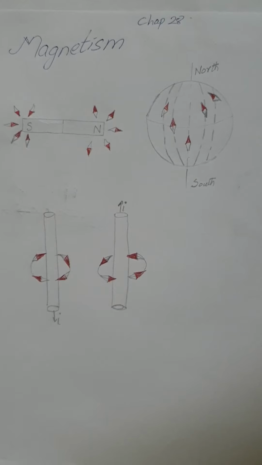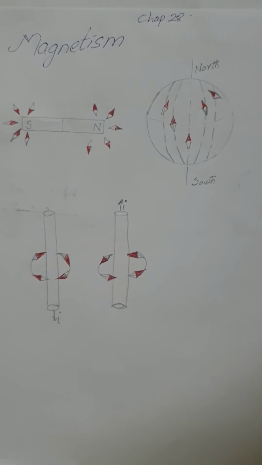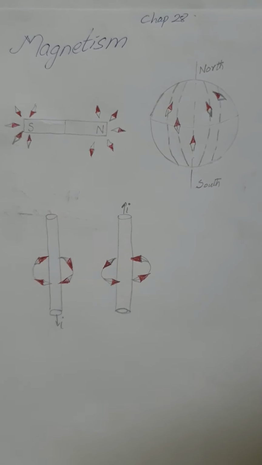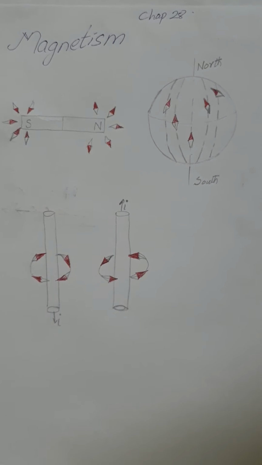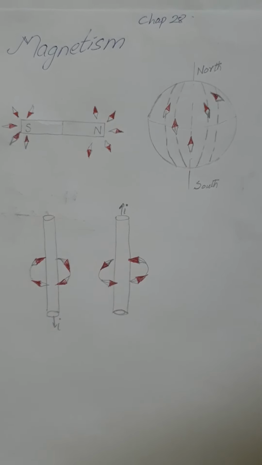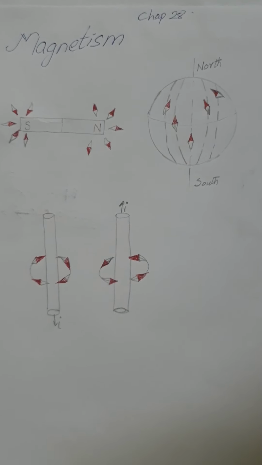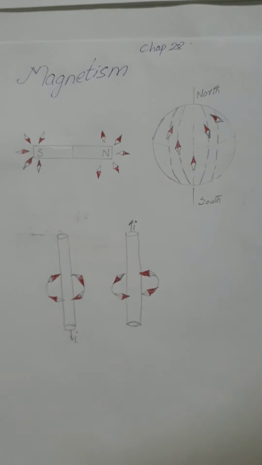Both electric and magnetic forces use the idea of a field to describe both kinds of force. In electrostatics, we studied that the electric force arises in two stages. Number one, a charge produces an electric field in the space around it, and second, another charge responds to this field.